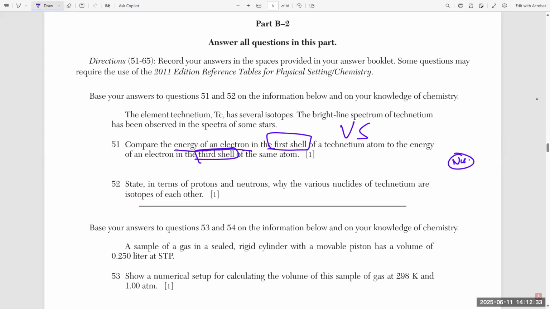We have the nucleus, and you have the first shell and the third shell. This is higher energy, right? Because remember, when electrons get excited, they move to a higher orbit.